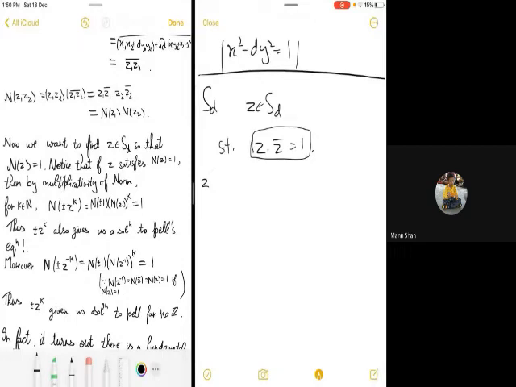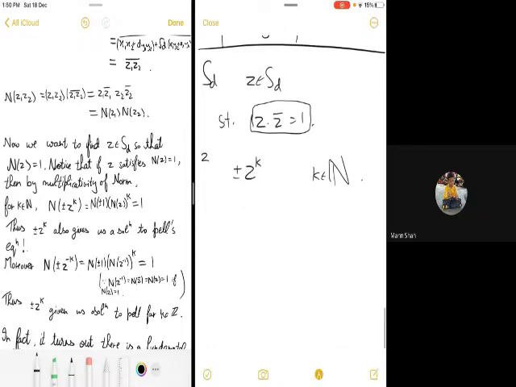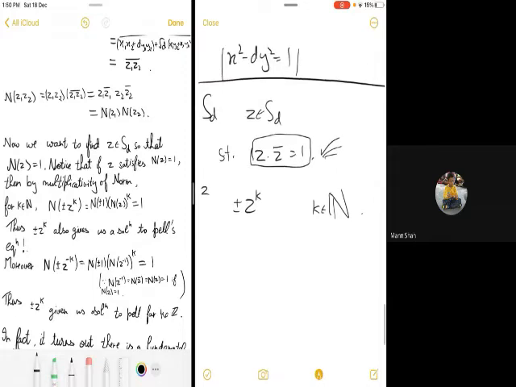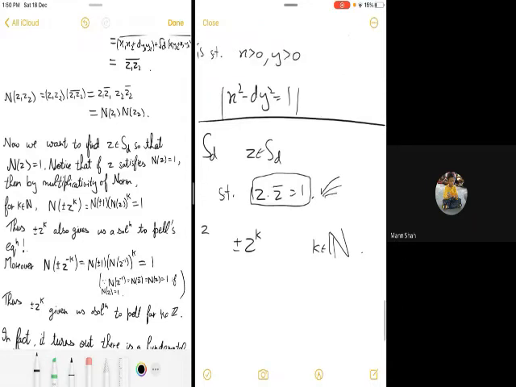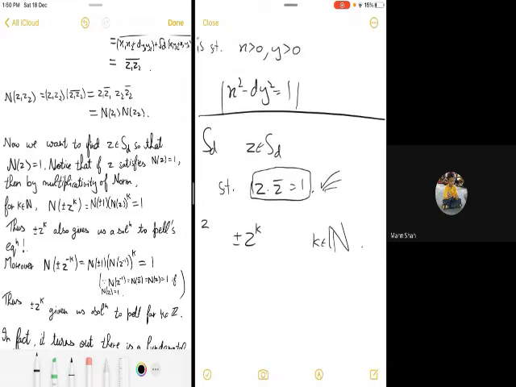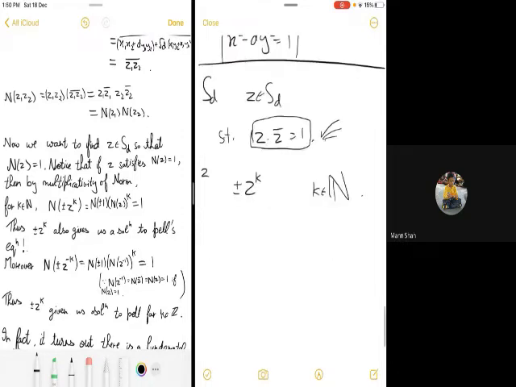Then do you see why all numbers of the form z to the k, where k is a natural number, are also solutions to this version of Pell? We'll do integers later. Note that this version of Pell is the same as the previous one because of the bijection: any element z belonging to S_d can be uniquely written that way.